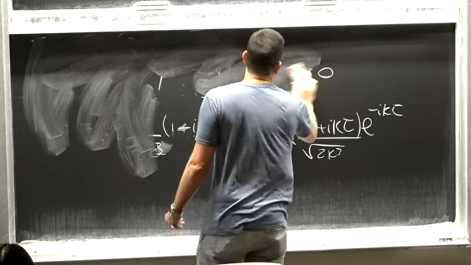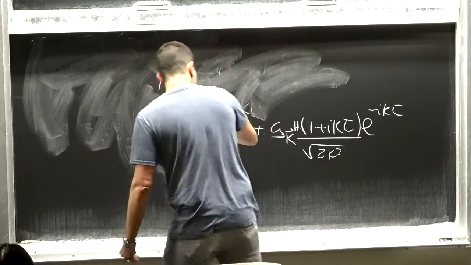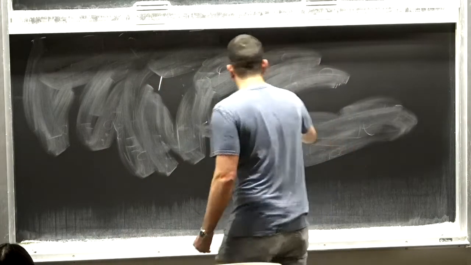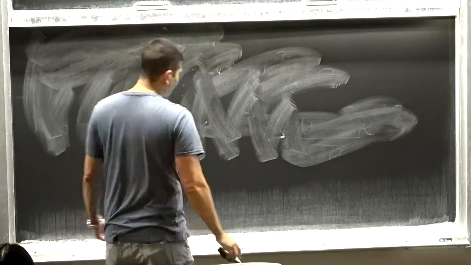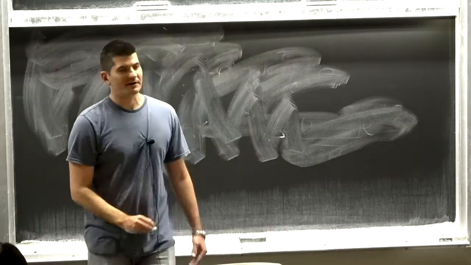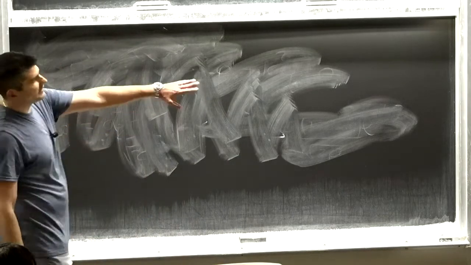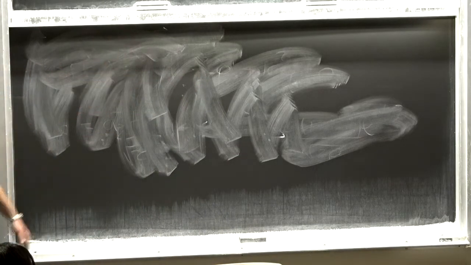We have these statistical fluctuations, and our goal is just to understand the physics of inflation from calculating the statistical properties. So I calculated the 2-point function in a free theory.